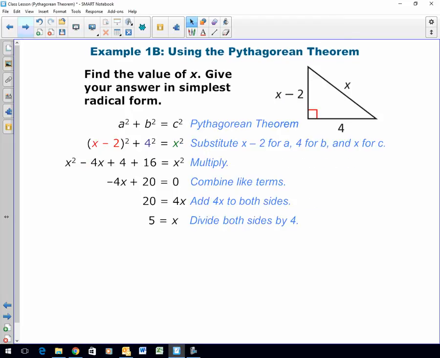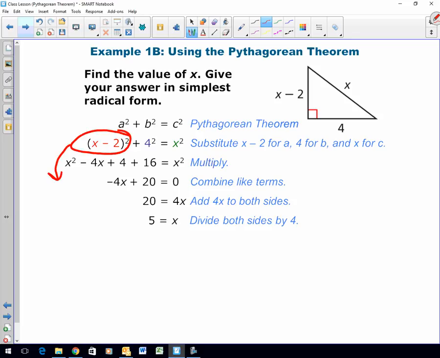Ooh, here's the tougher one. What side is my hypotenuse? What sides are my legs? Okay, so look what I have to do now. X minus 2 squared plus 4 squared equals x squared. Oh, shucks. What do I have to do? Don't forget this part right here, guys.